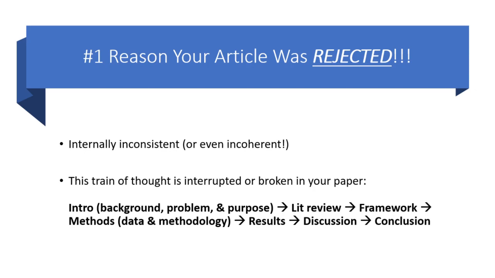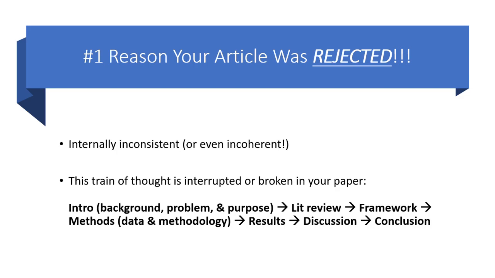And so the reviewers had trouble following your train of thought, starting with the introduction, that is the background, problem statement, purpose statement, through the literature review, the theoretical framework, the methods section that has the data and methodology, the results, the discussion, which has the limitations, implications, and future research possibilities, and lastly, the conclusion.